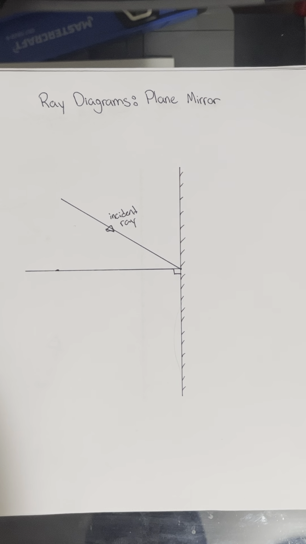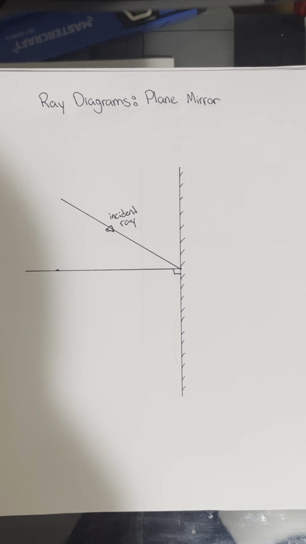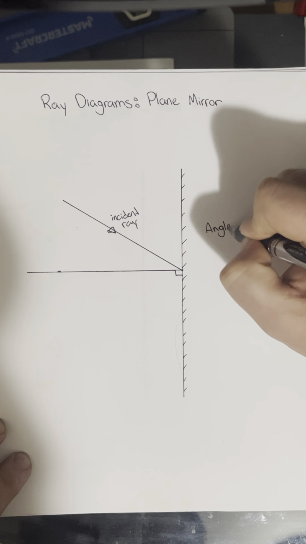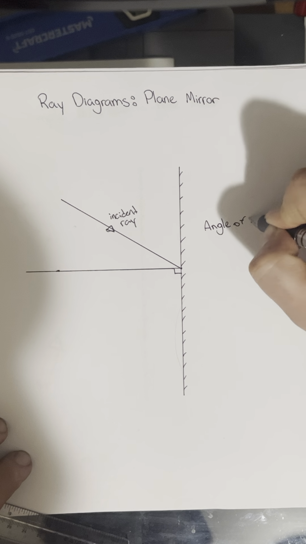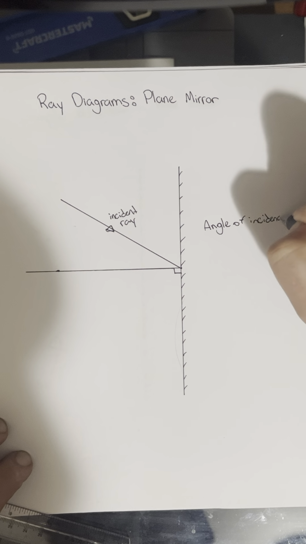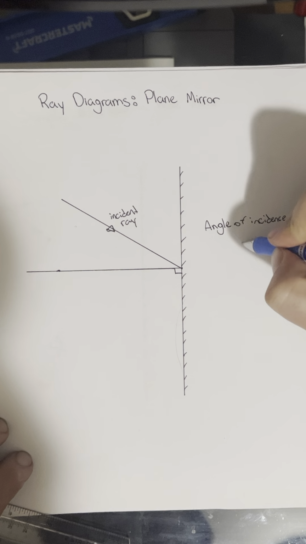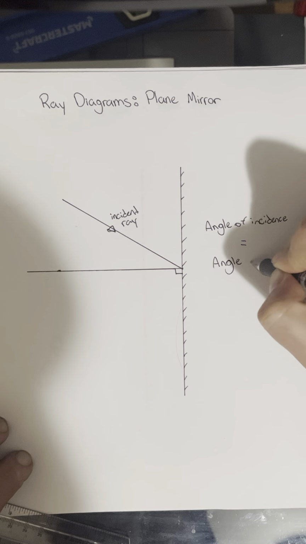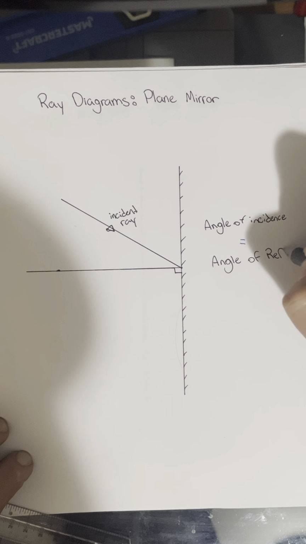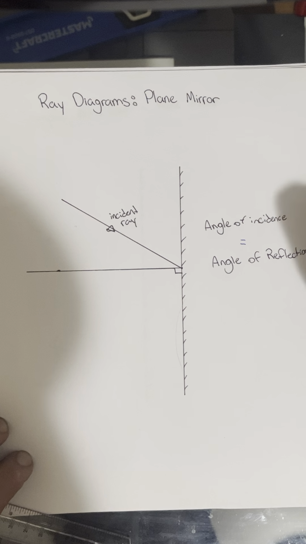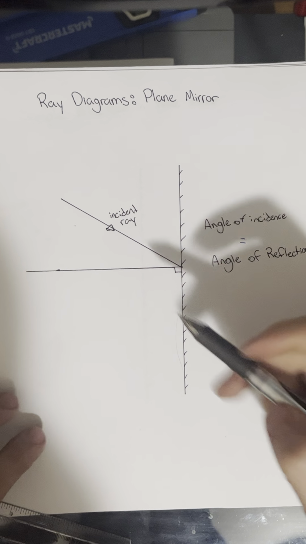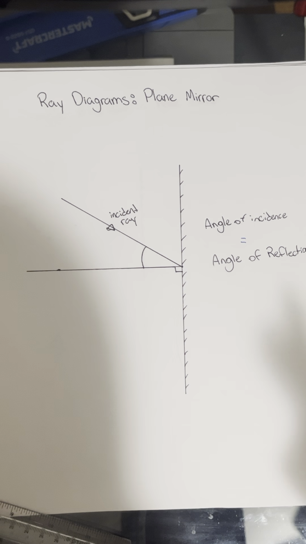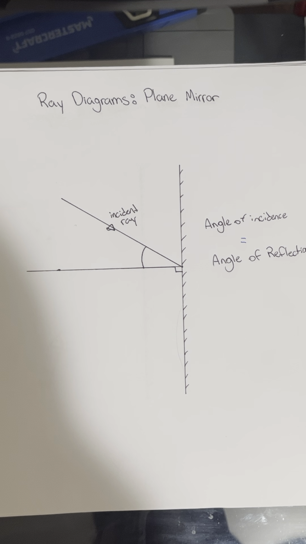Now, based off of our last Gizmo that we completed, we know that the angle of incidence is going to be equal to the angle of reflection. Therefore, we can measure right here, which is our angle of incidence, in order to figure out where we need to draw our angle of reflection.